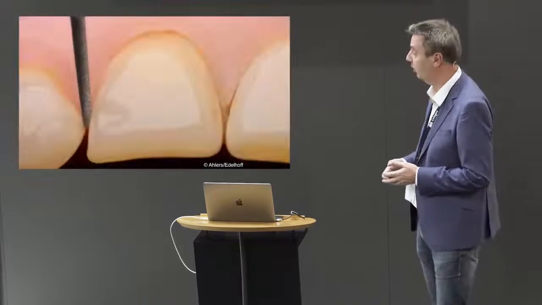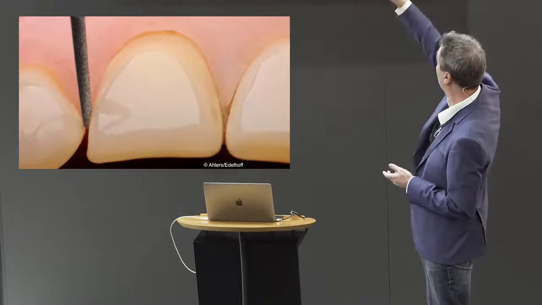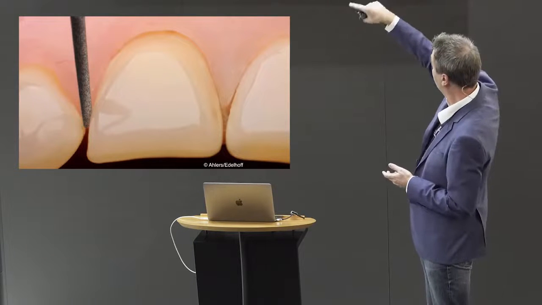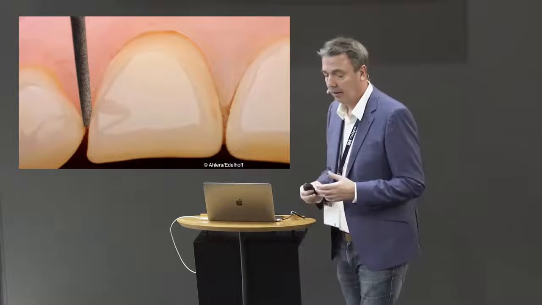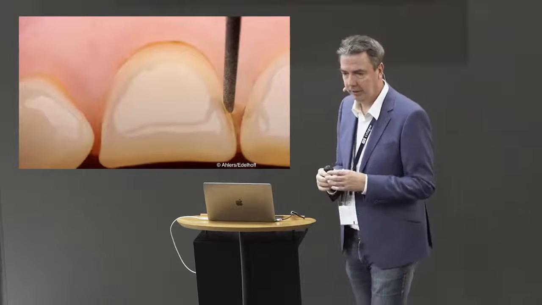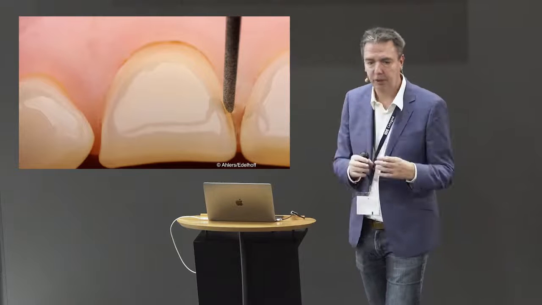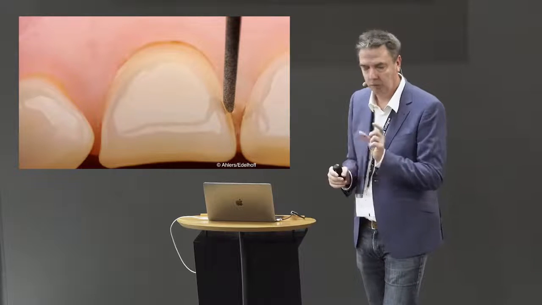This means you have to create the perfect finish line, and it's much easier to do this with the sonic instruments compared to a burr. So as you can see here, you go all the way around the buccal area. And the nice thing with the new kit is, for all kind of veneer preparations, you have everything within one kit, everything you need to create the ideal preparation.